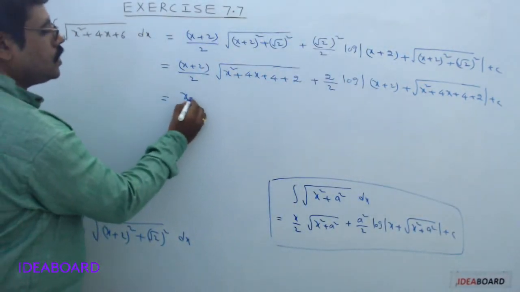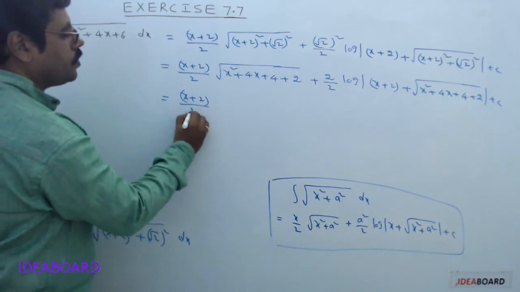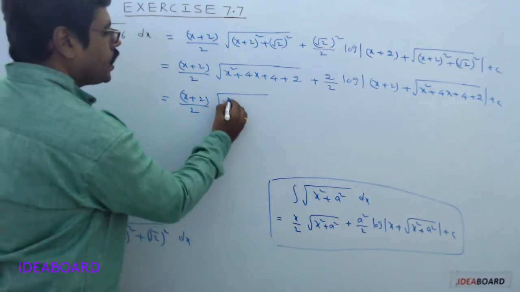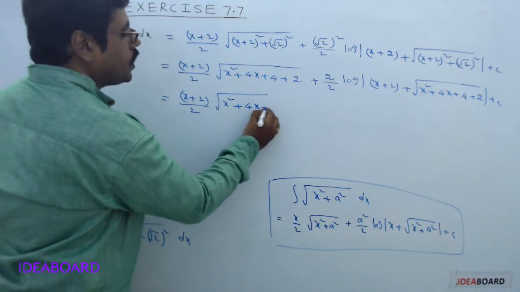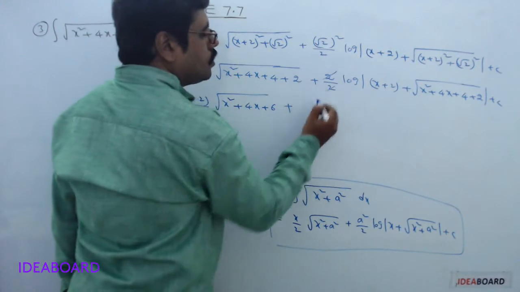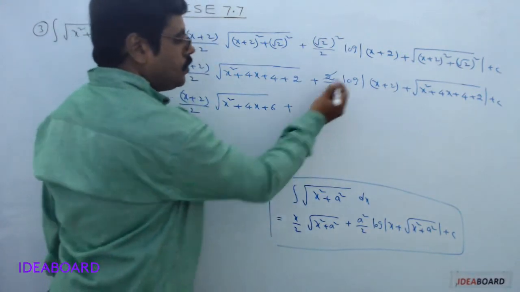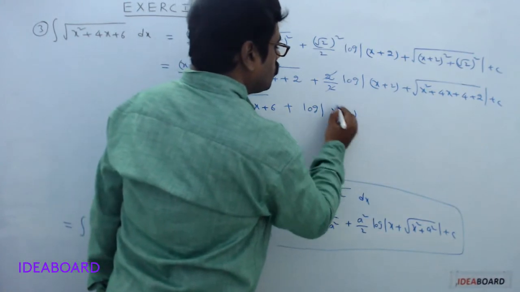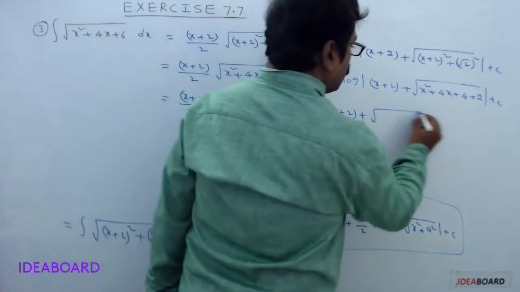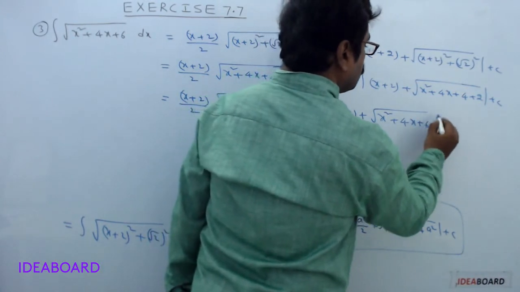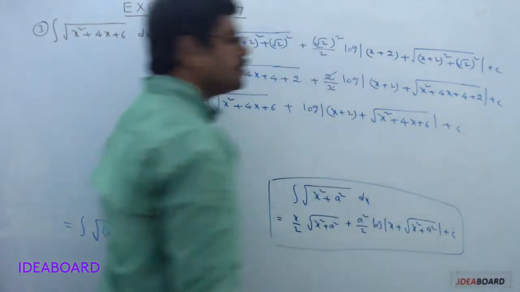Now it is x plus 2 divided by 2 into square root of x square plus 4x plus 6 plus, here constant term 2 will be cancelled. It is a log of x plus 2 plus square root of x square plus 4x plus 6 plus a constant c.